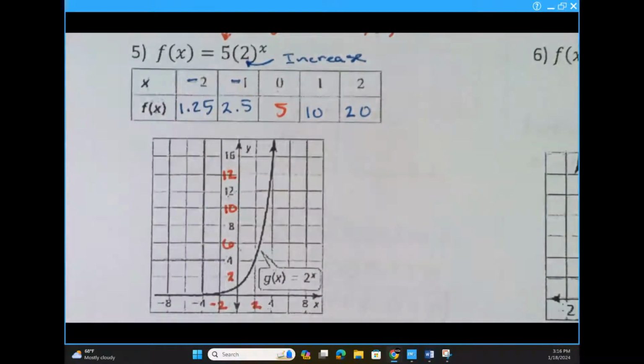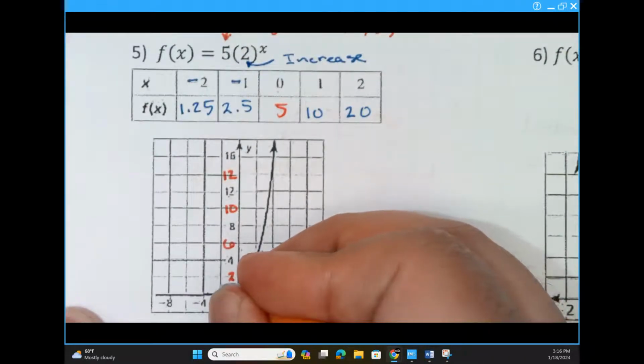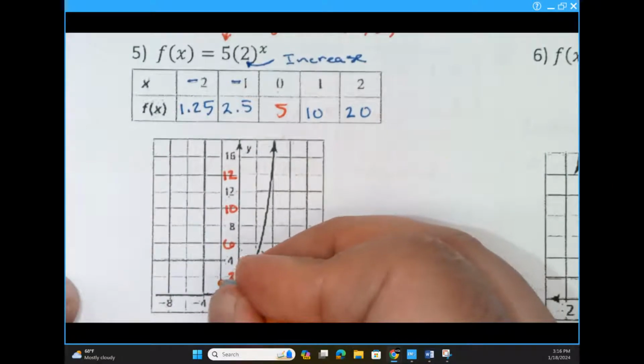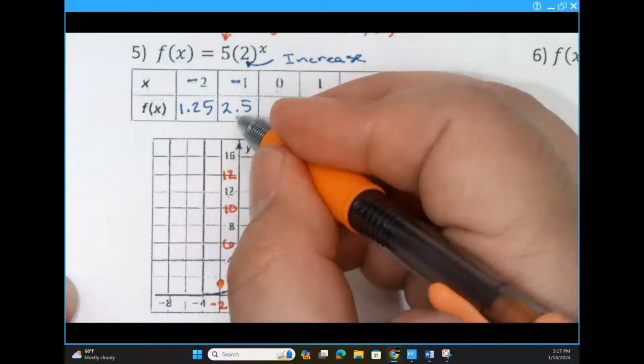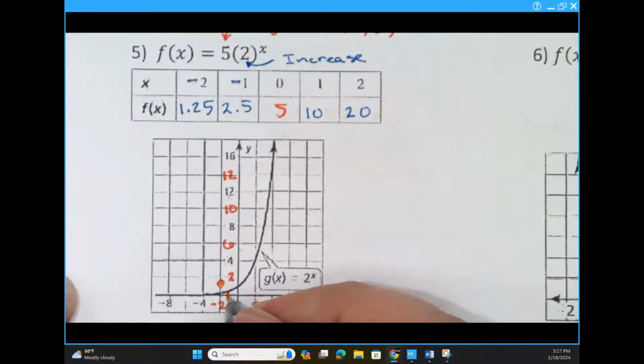All right, so here we go. Negative 2, and then you go up 1, so that's halfway, and then just a little bit more. You don't have to be super precise. Just make sure it's not at 2. This one, negative 1. Well, negative 1 is right here. Don't forget they skip count. You've got to go in the middle.